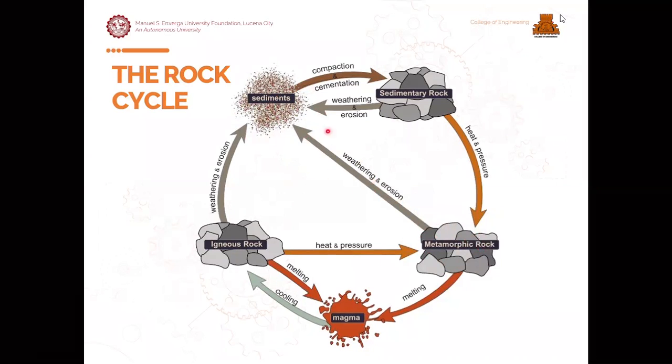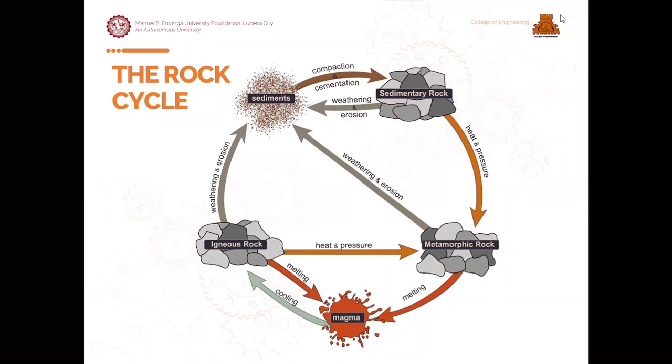So kung magiging sediment siya, mabalik ulit siya dun sa compaction and cementation, kapag dumami na siya, magiging sedimentary rock ulit siya. Okay? And si sedimentary rock, although na-compact and nag-combine na siya through cementation, possible pa din siyang broken down ulit sa pagiging sediments through weathering and erosion.